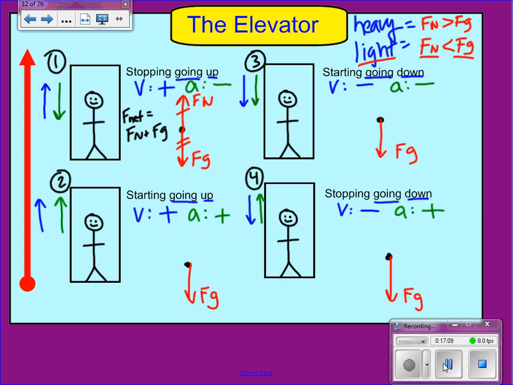Now remember, I said in the last video that your net force and your acceleration always point in the same direction. We've already established that acceleration is negative, and remember, in elevator problems, negative is down. So if your acceleration is down, your net force must also face down.